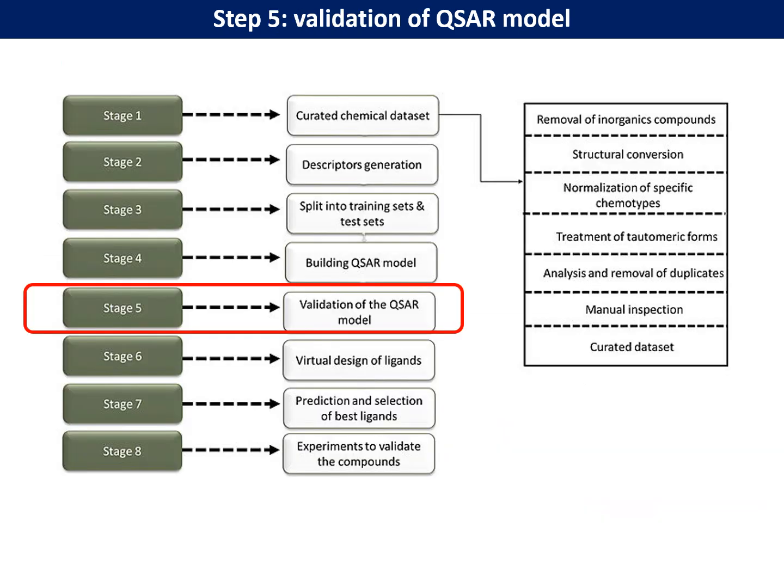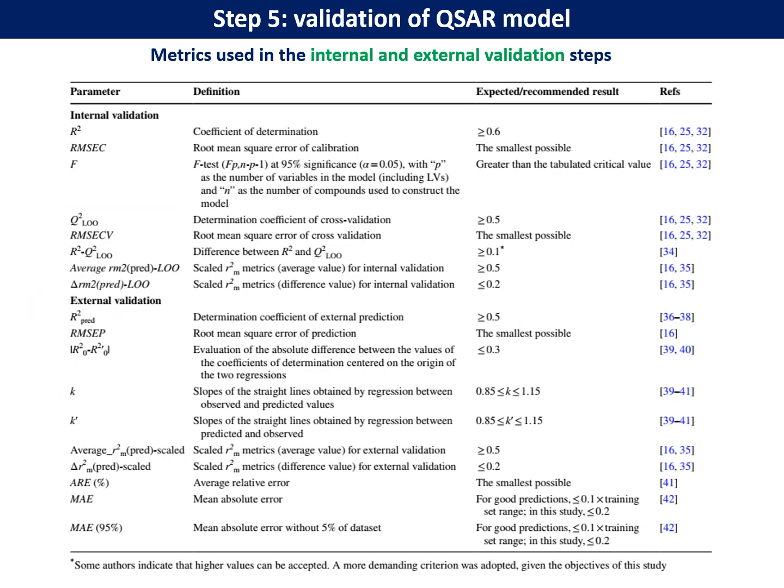Next, I will talk about step 5, validation of the QSAR model. This is a very important step. Here you need to calculate internal and external validation. Internal means you identify a lot of indicators, for example R, RMSE, or Q2 LOO, or other indicators in the training set.